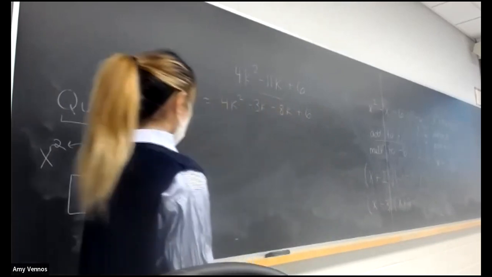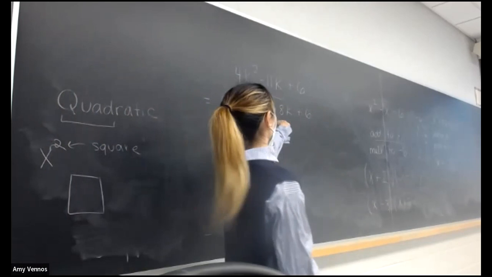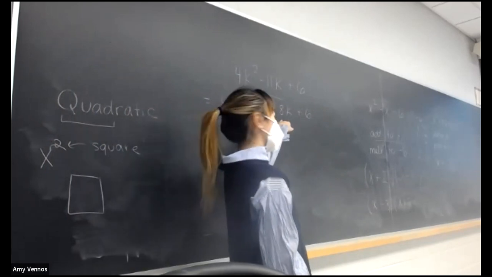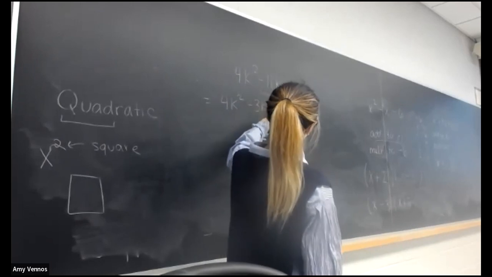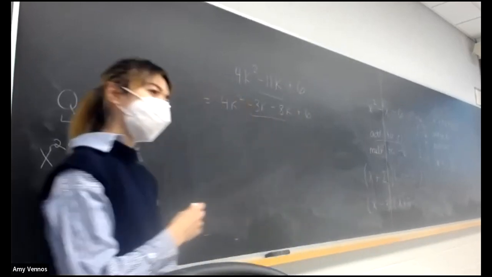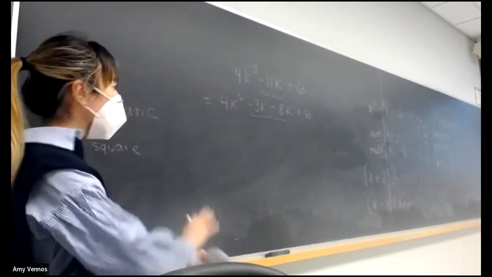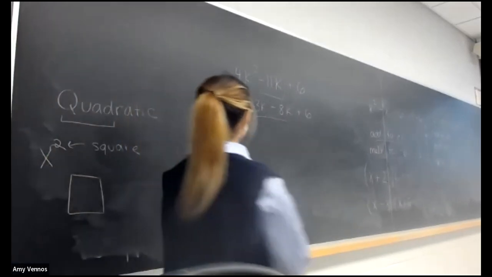Okay. So I took -11k and I said that's equal to -3k minus 8k, right? So 8 plus 3 is 11. So these two values are equal. Does that make sense? Okay, don't worry about why I did that, but I'm just gonna do that really quick.